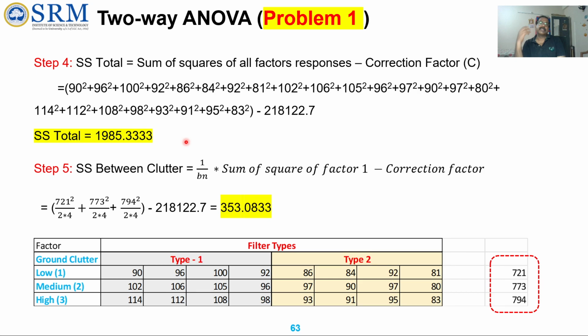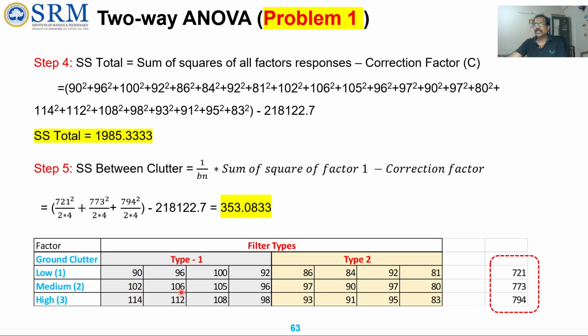SS between means between 1, 2 and 3, between culture. So here you have 721, 734, 794. These values you have to take. So 721 whole squared divided by how many observations? Each has 4 observations but 2 types.